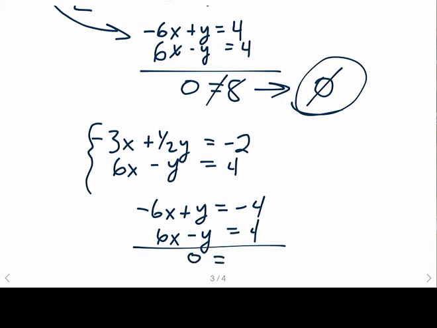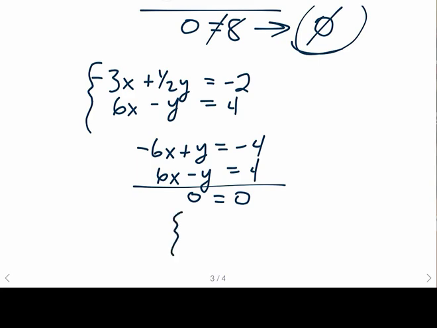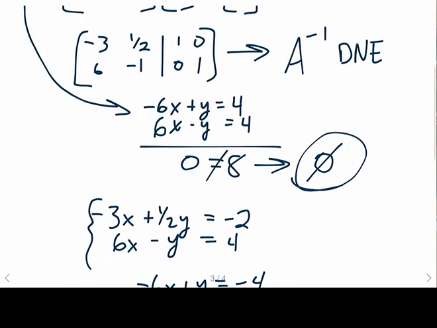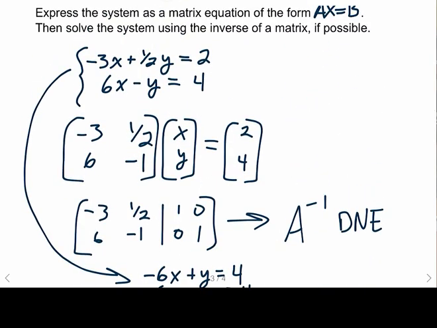Adding those would have given me that 0 equals 0, which is a true statement, and we would have said it's the set of (x, y) such that both of the lines are the same. We want the ordered pairs that are on the line, so we could pick either equation. I'll pick 6x minus y equals 4. So the set of ordered pairs (x, y) such that 6x minus y equals 4 would have been our dependent solution. What I want you to get from this is, if the inverse doesn't exist, then you have one of those special cases.